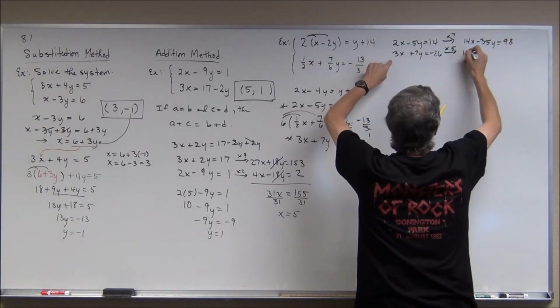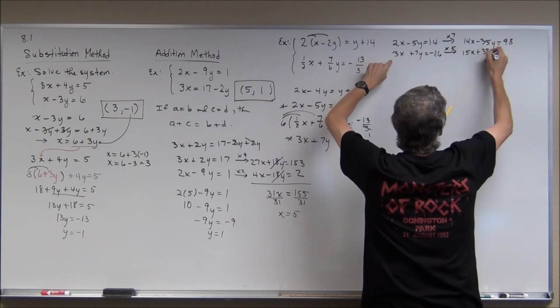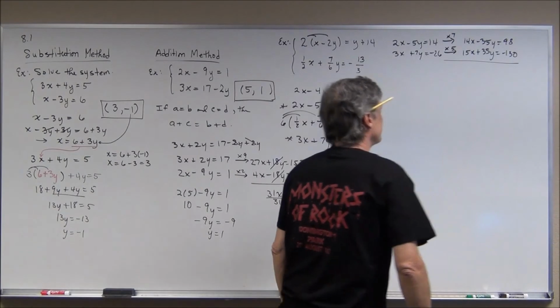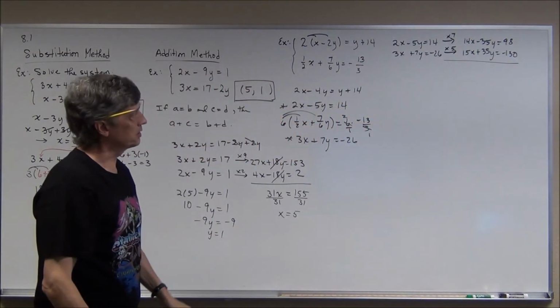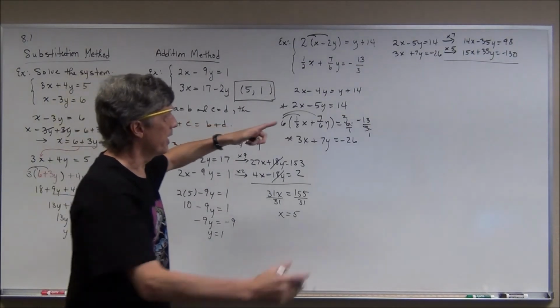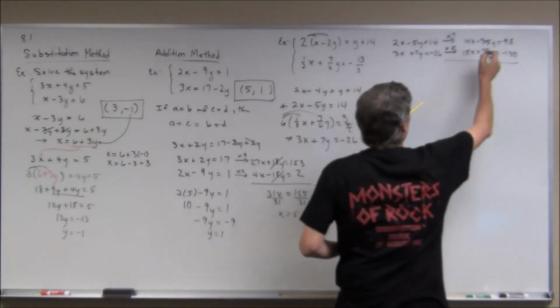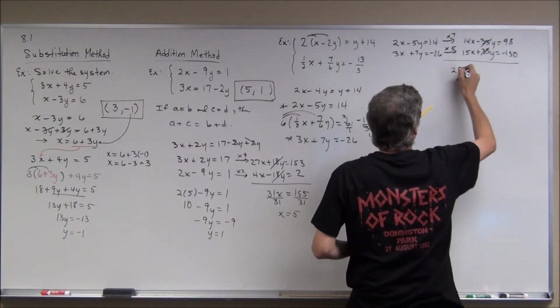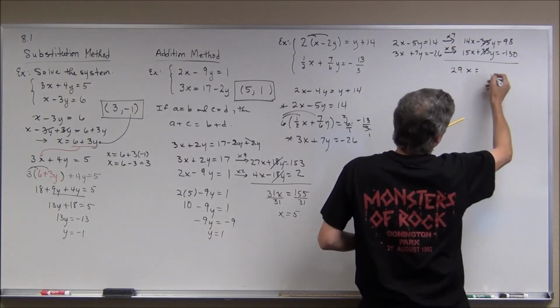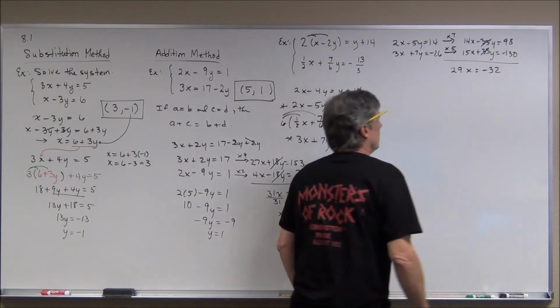And 15x plus 35y is equal to negative 130. Well, let's go ahead and add them up. Let's use this property here and add the equal sides to equal sides. These are going to cancel. I get 29x is equal to, looks like, negative 32.